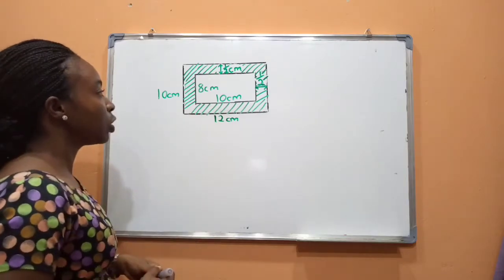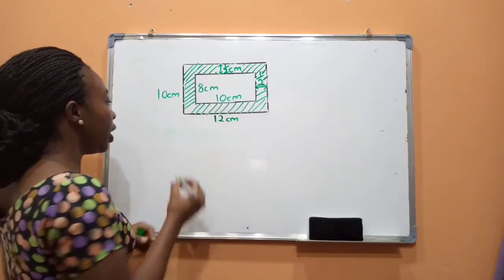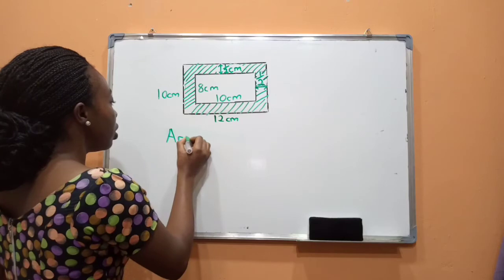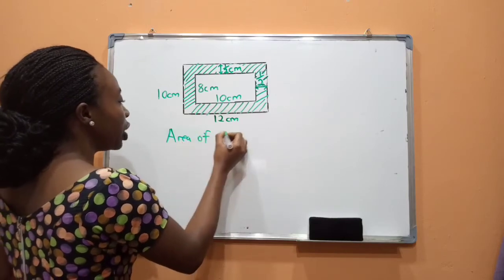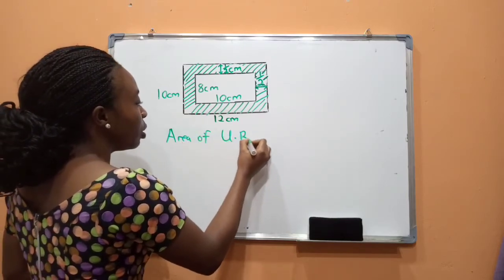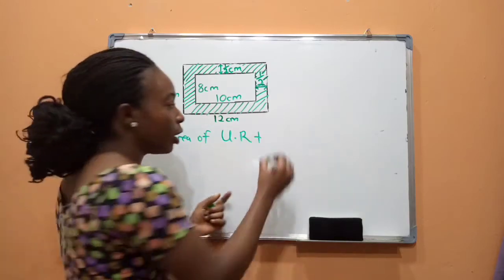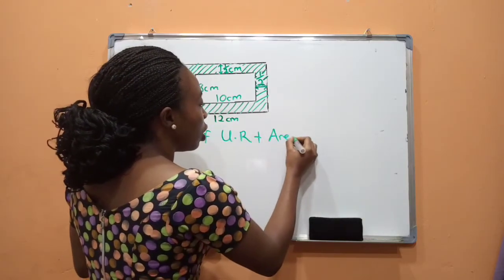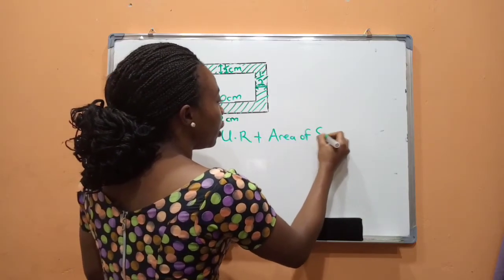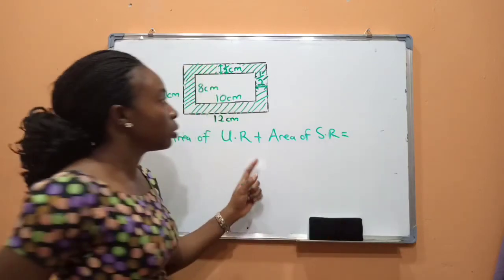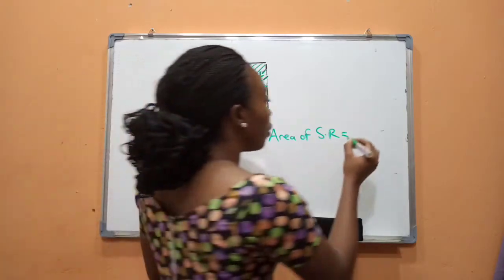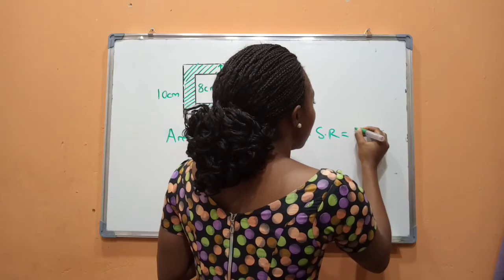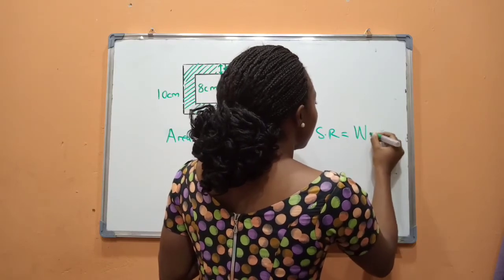In the first method, we know that the area of unshaded region plus the area of shaded region is equals to the area of the whole region, okay?